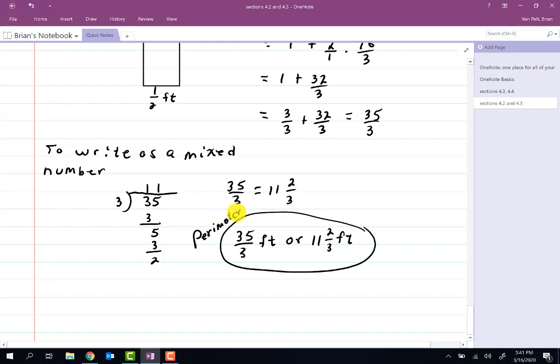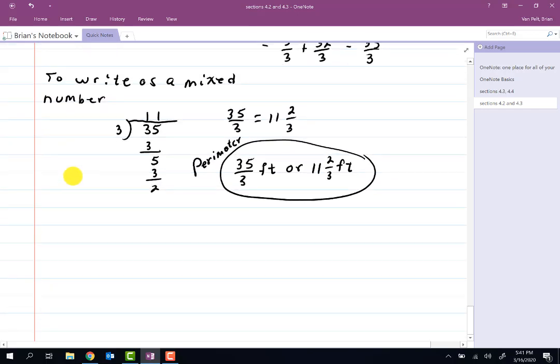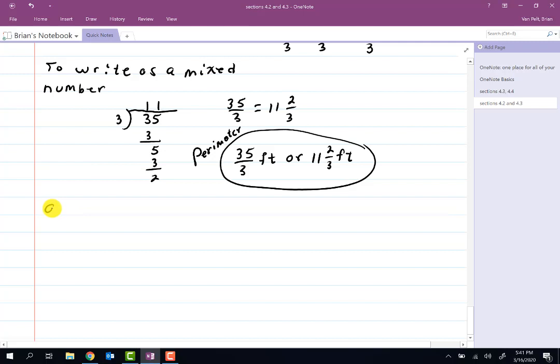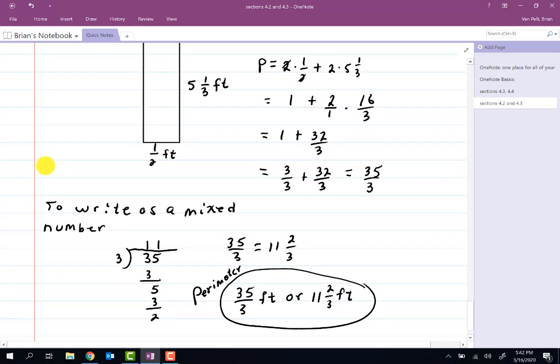The area, then, I have to do base times height or length times width, or whatever way you memorize it. So for the area, the A will equal the 1/2, which was the bottom number, the length of the base, times 5 1/3.